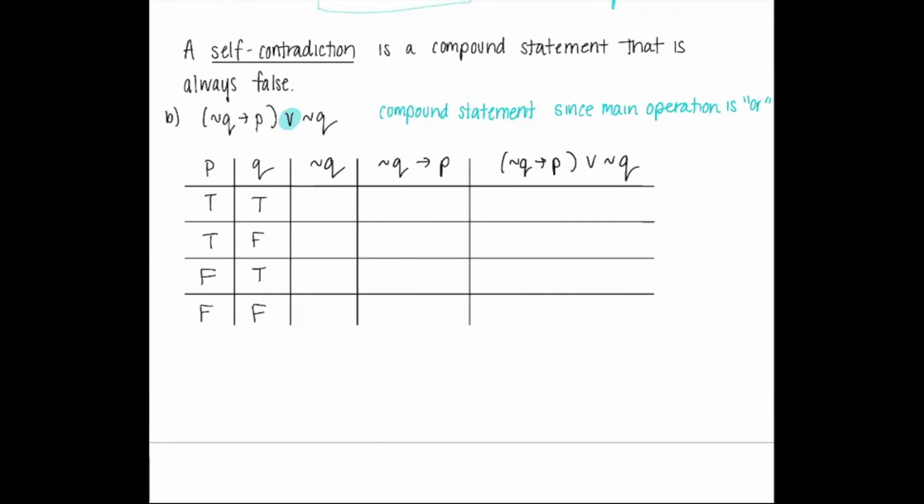Not Q switches all of our values. So this is false, true, false, true. And then I want to start with not Q. So I'm going to put those truth values. We're doing our conditional. And then I want to put P's truth values.